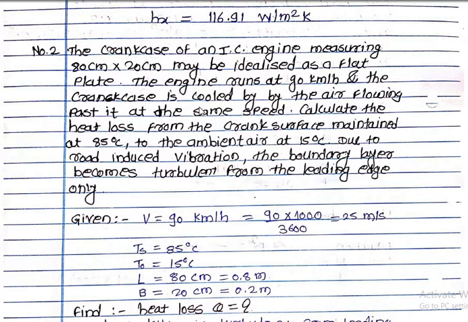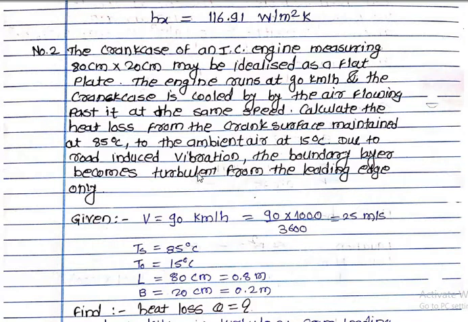This crankcase is cooled by the air. The crankcase is maintained at 85 degrees Celsius, so surface temperature T suffix S is 85 degrees Celsius, and the ambient air flowing over it, T naught, is 15 degrees Celsius.